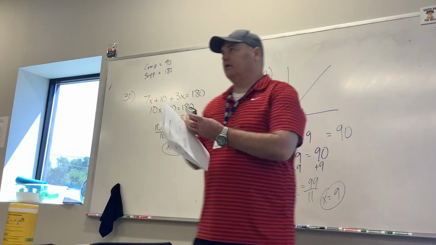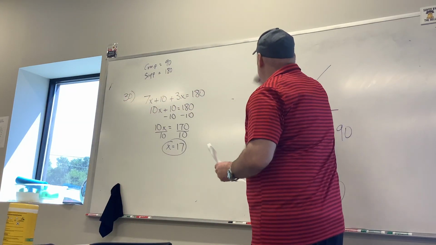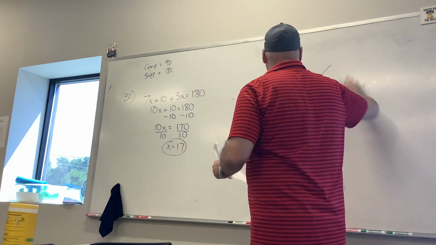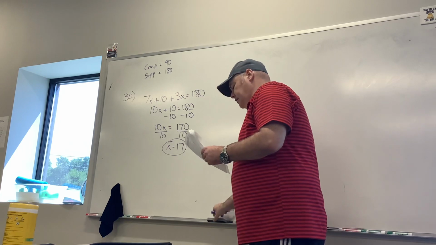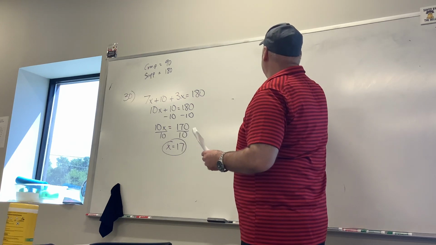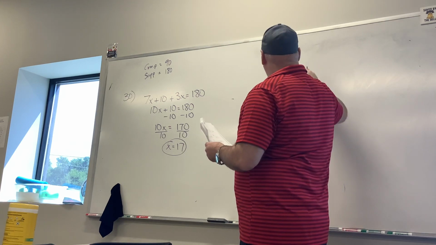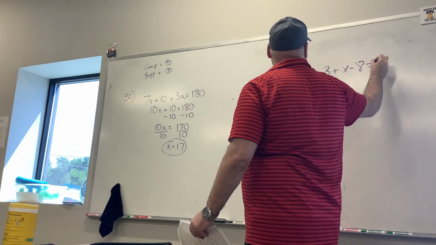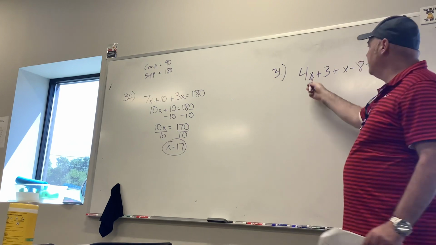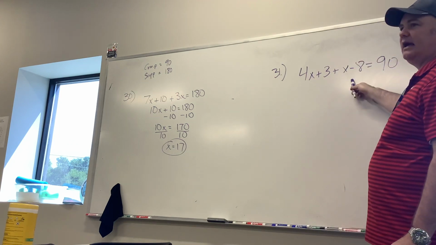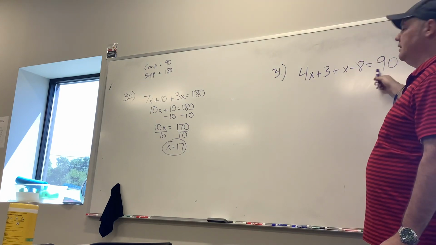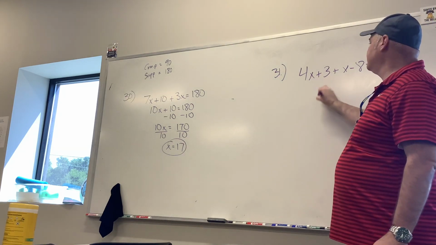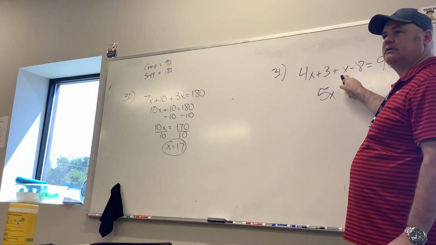So I'll do number 31. It's complementary. It's a 90-degree angle. So they're going to add up to 90. There's that angle, 4x plus 3. There's that angle, x minus 8 equals 90 in this case. I'm going to combine my x's. That's 5x, because remember that's a 1x.